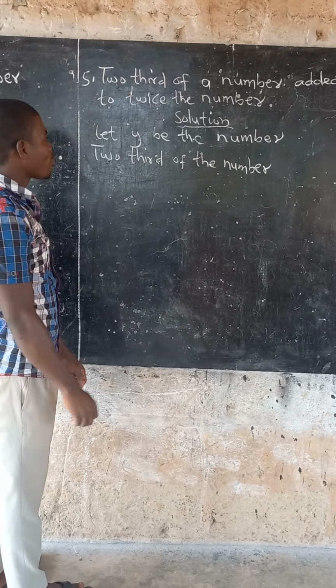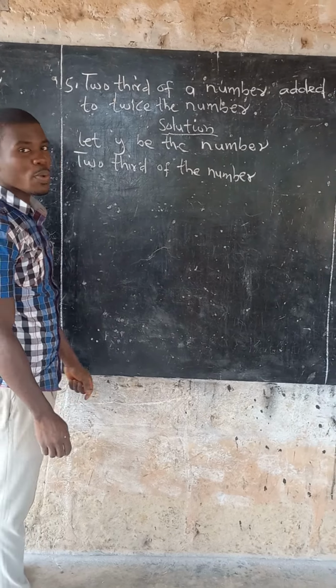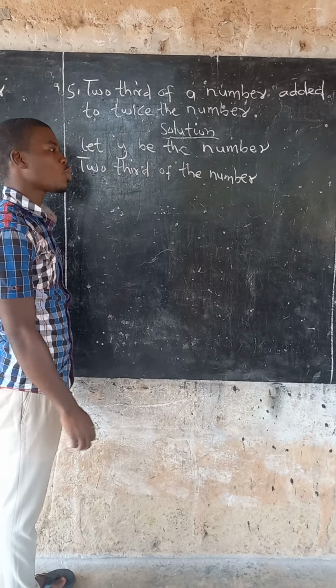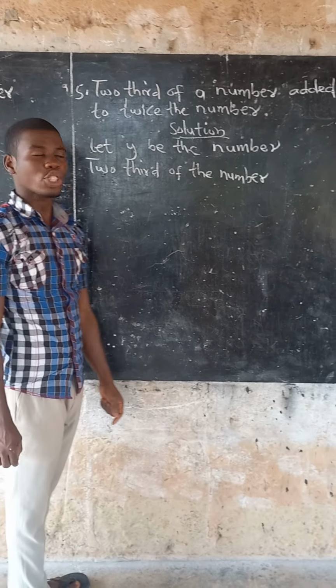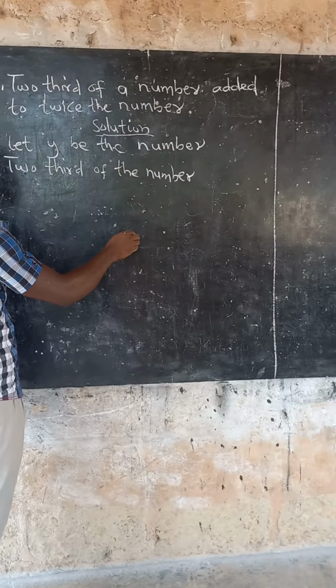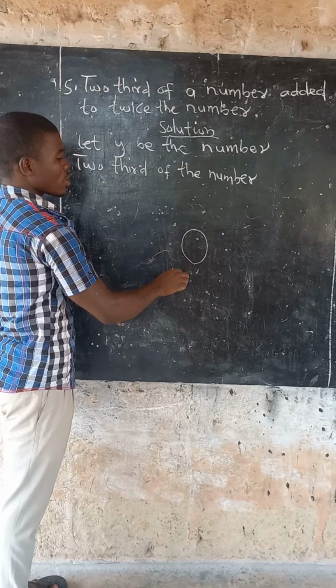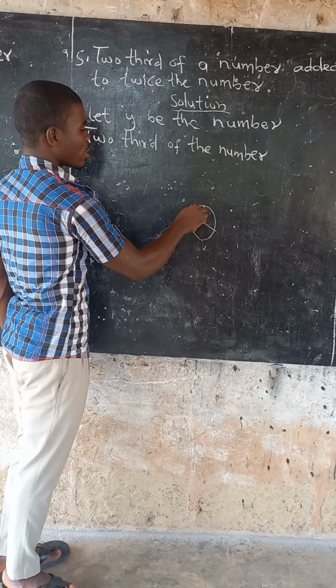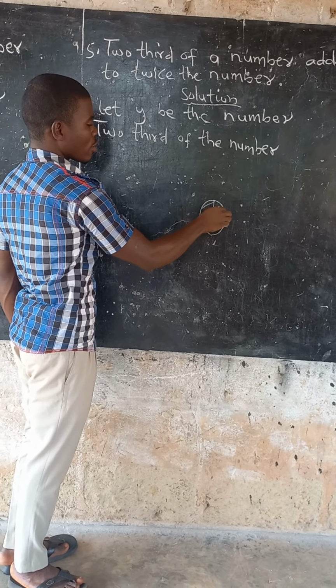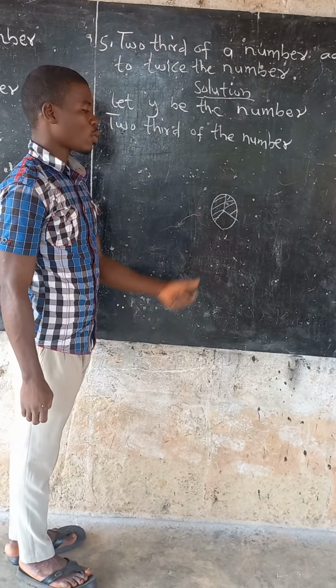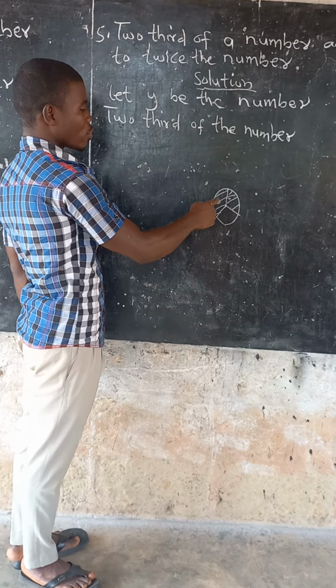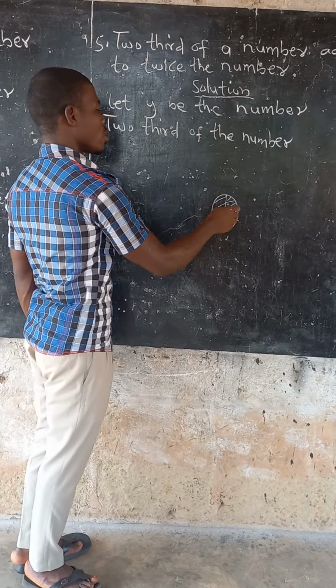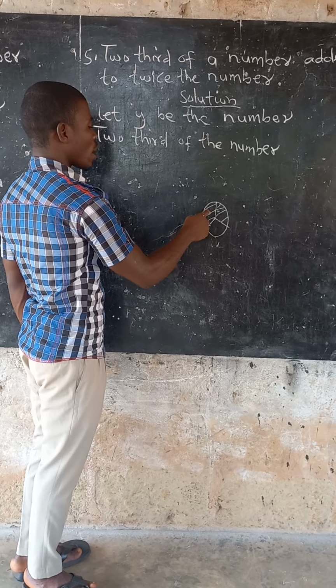2/3 of a number. You remember when we were in primary school, when we were doing fractions, we would draw something like this, then we divide it into 3, then you shade. They will ask you, what is the fraction? You will count 1, 2, 3. The shaded portion is 1, 2.